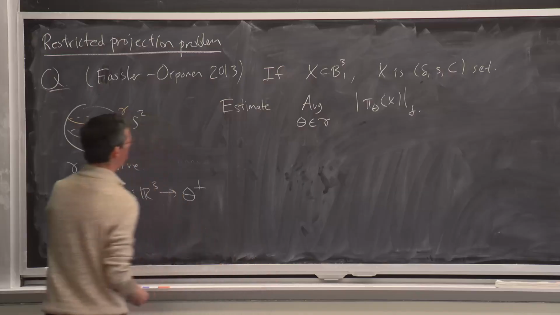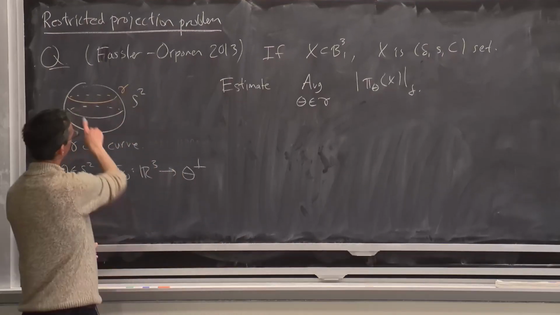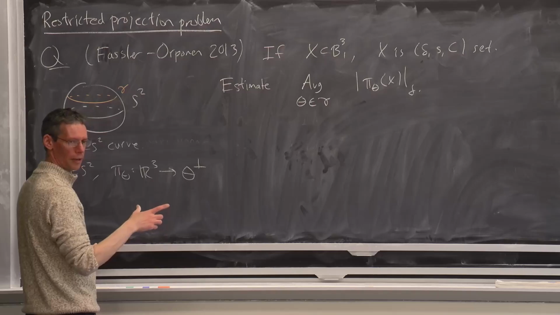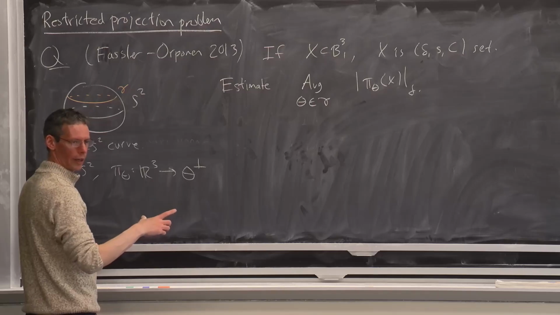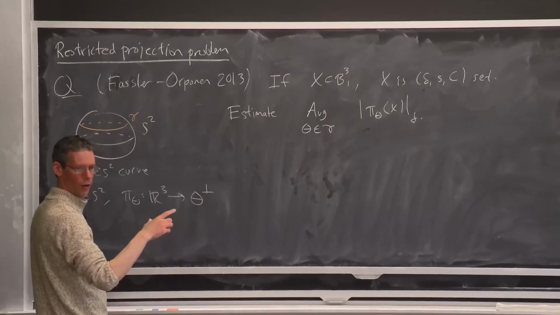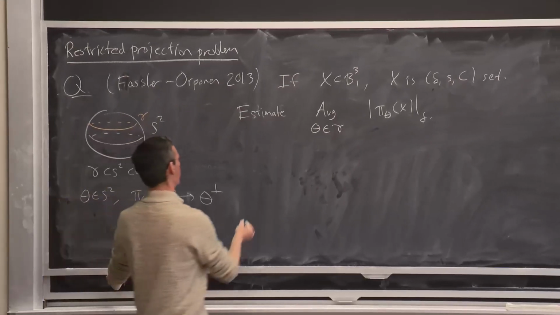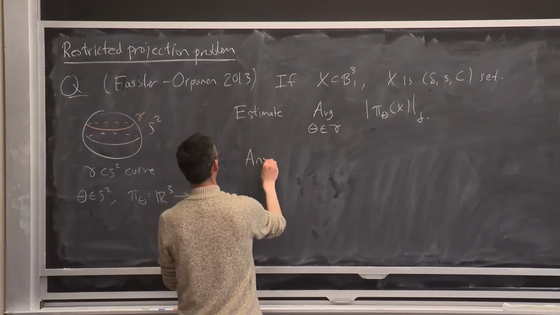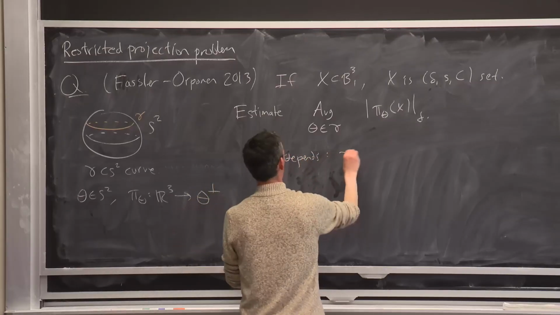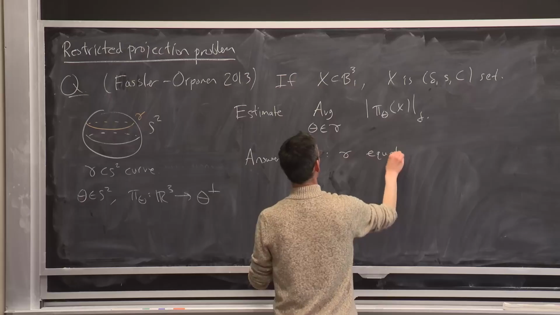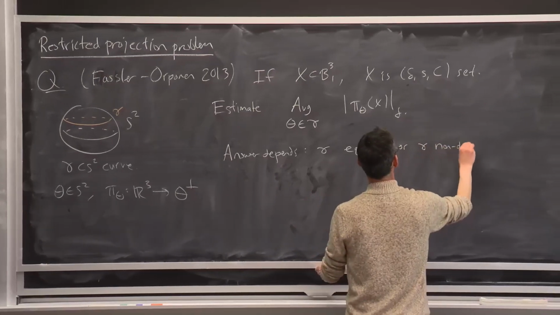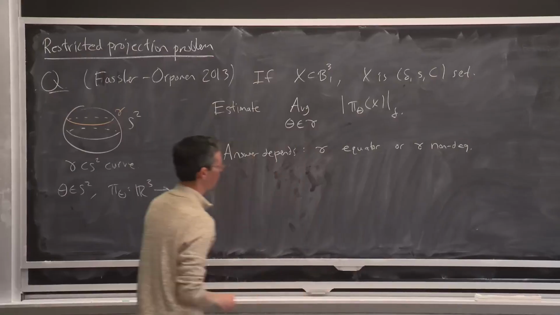OK. Now, an interesting thing about this question is that it matters what the curve gamma is. And in particular, there's a big difference between an equator, which is sort of like a straight line on the sphere, and a non-degenerate or curved gamma. So the answer depends on whether gamma is the equator, which is one extreme, or gamma non-degenerate, which is another extreme.